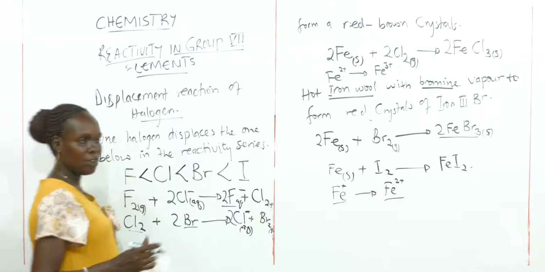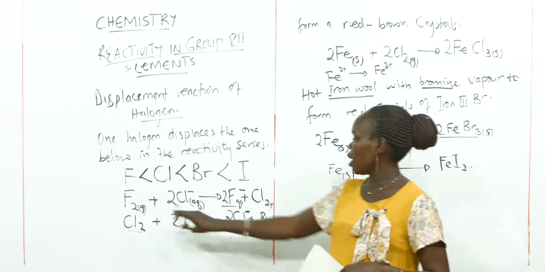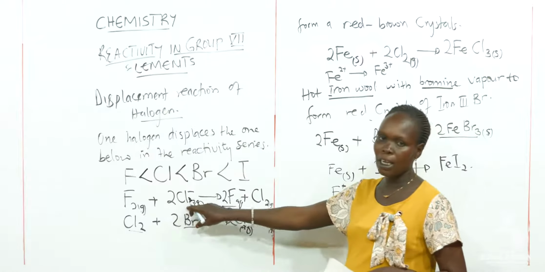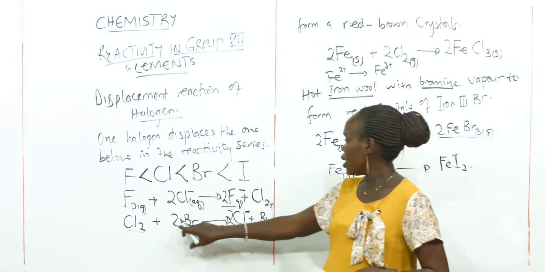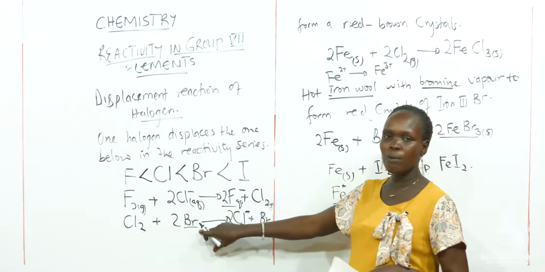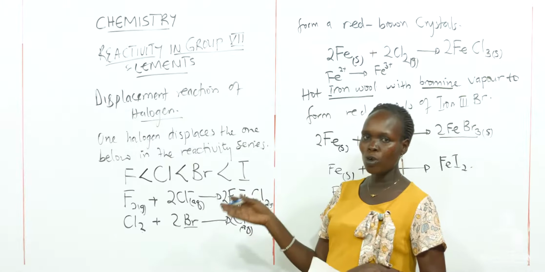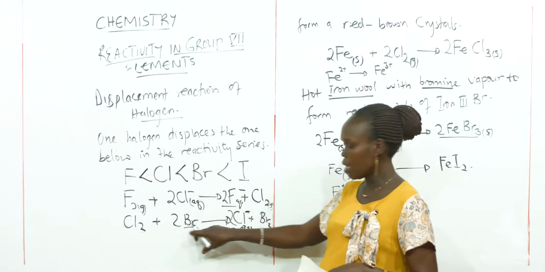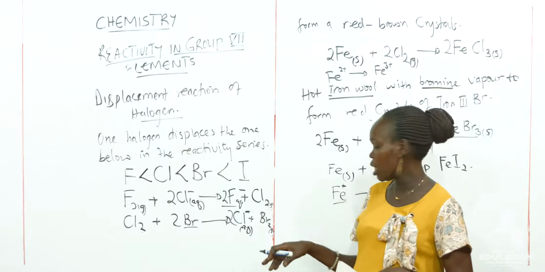So learners, you have seen how this reaction takes place. Fluorine gas displaces chloride ion because chloride comes after fluorine. Chlorine gas will displace bromide from its compound because bromide comes after chlorine. The same thing also, fluorine can displace bromine because it is above bromine in the reactivity series.